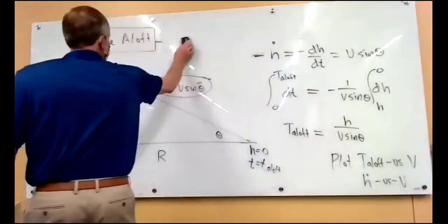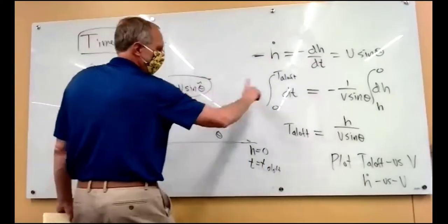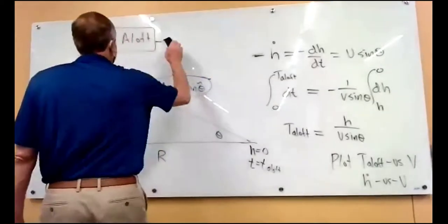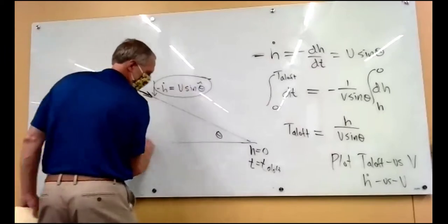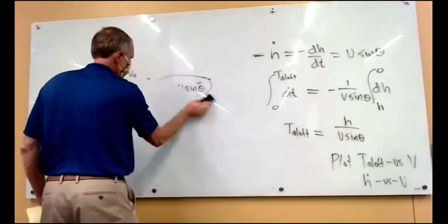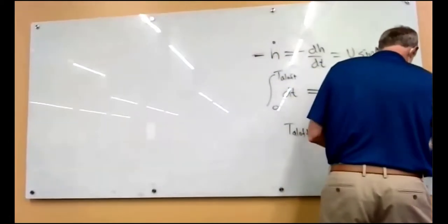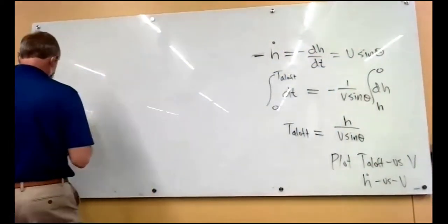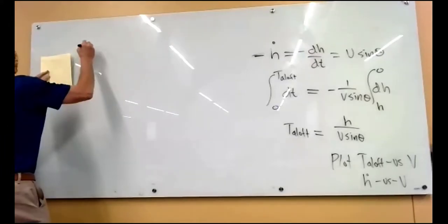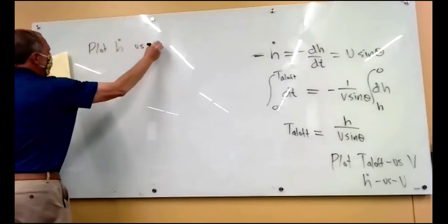So here's how we're going to do the plot. We're going to use this formula for h dot, and then we're going to integrate it to give us the time aloft. So we're going to plot h dot versus velocity.